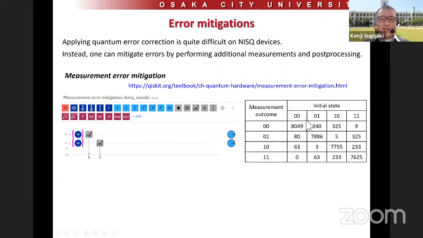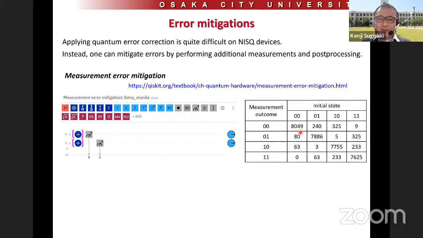If I perform this circuit using an IBM quantum machine, with the initial state, for example, in the 0 state, and measure, I think, 8192 shots, the measurement outcomes are something like this.